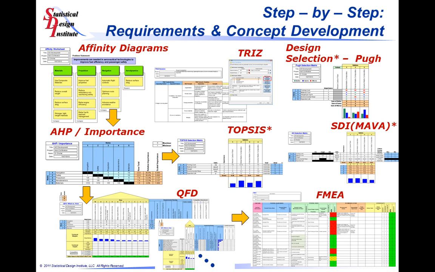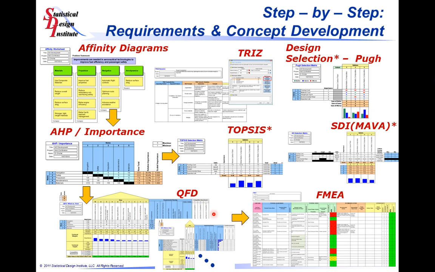In the SDI tools, you can actually leverage from the AHP, the design selection of the QFD tools, and actually transfer information directly from, say, the QFD into the FMEA tool. So a lot of times your WATs are the various error modes, risk conditions present in your product. The risk is not satisfying what the stakeholder wants, and the effects that could lead to that could be your basic HOW.